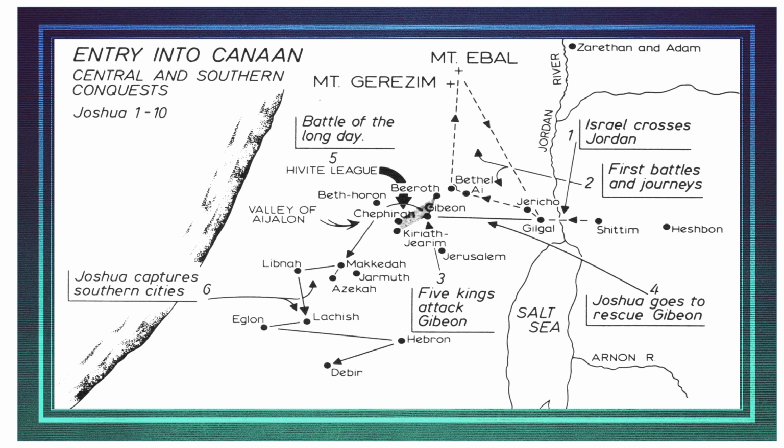It's buyer beware. You know how that is today. Joshua goes to rescue Gibeon. Number 5, the battle of the longest day. We'll get into the thoughts about the earth's axis and all that when we get over there. Joshua captures southern cities. So that's what we have.